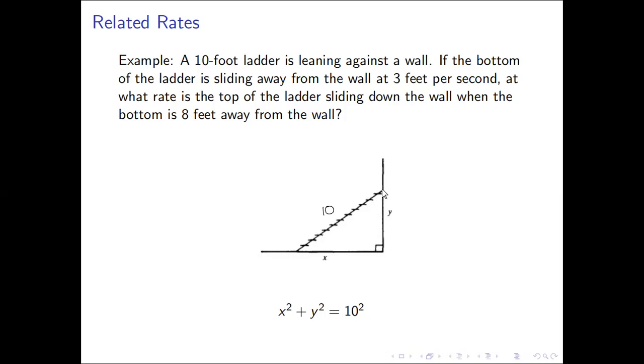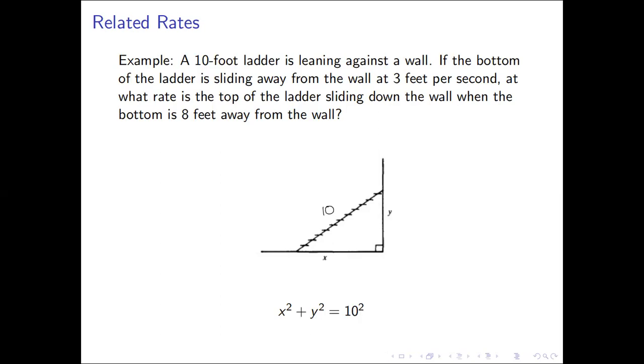And using the Pythagorean theorem, you can get the equation x squared plus y squared equals 10 squared. Remember, the sum of the squares of the sides equals the square of the hypotenuse. So that's how x and y are related.